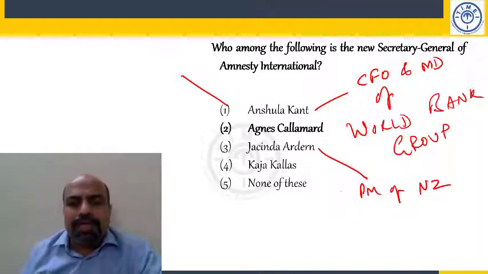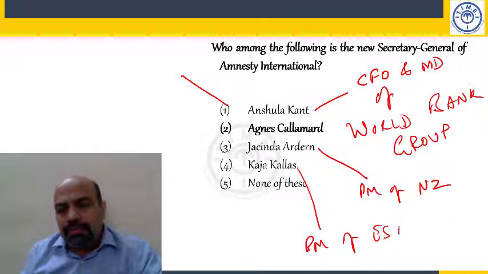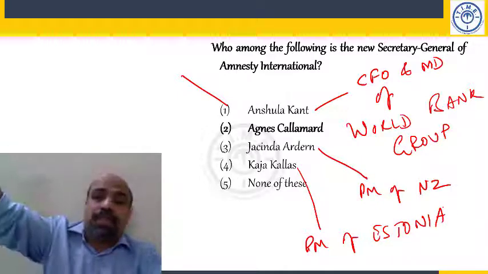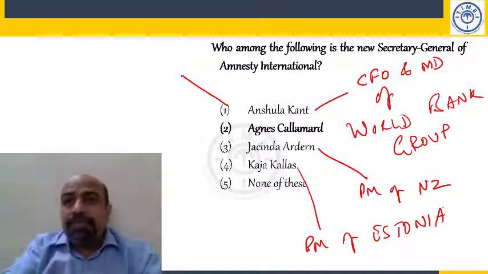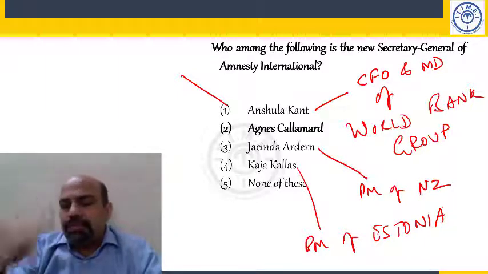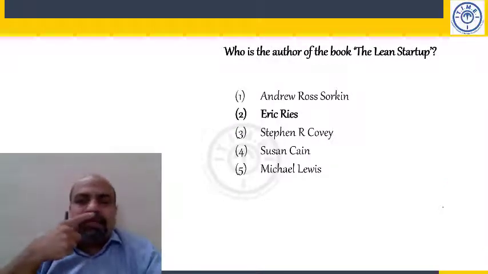And Kaja Kallas, Prime Minister of a country called Estonia. It's a country in Northeast Europe. It's what is called a Baltic state next to the Baltic Sea. Prime Minister of Estonia. Who is the author of the book The Lean Startup? Eric Ries.